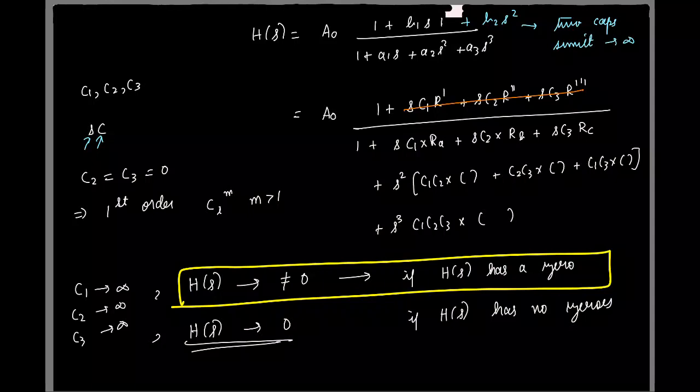So the takeaway is, the foolproof way of finding if you have a 0 or not is to take each capacitor, tend it to infinity. If the output is not 0, then you have a 0.